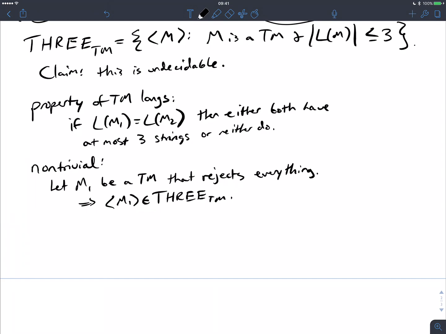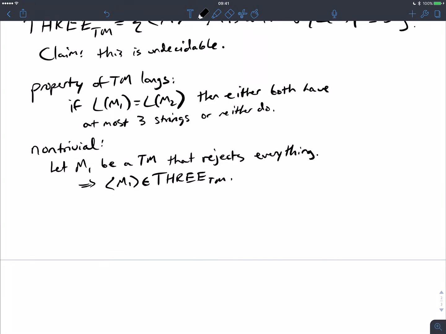Any example of a Turing machine that doesn't have the property? How about one that accepts everything? That has at least 3 strings. So, sorry, at least 4 strings. That's what I needed.